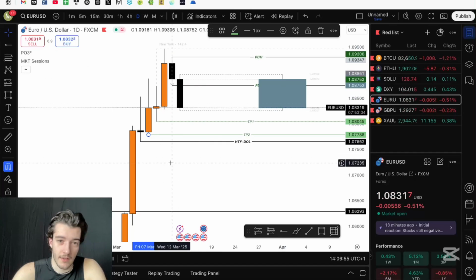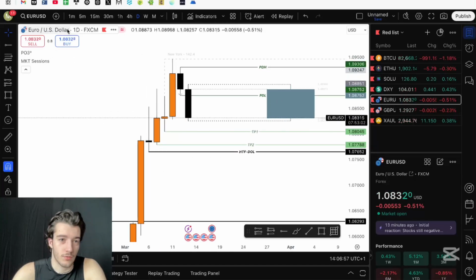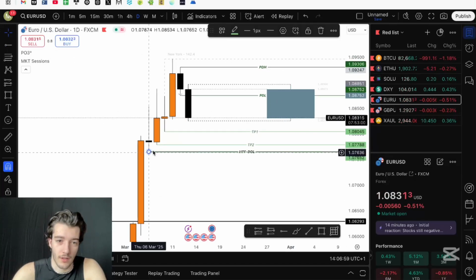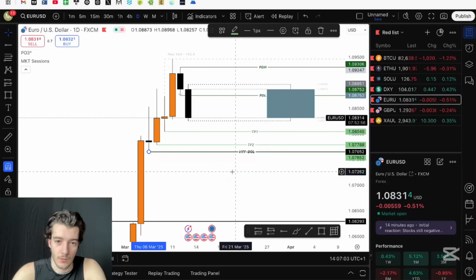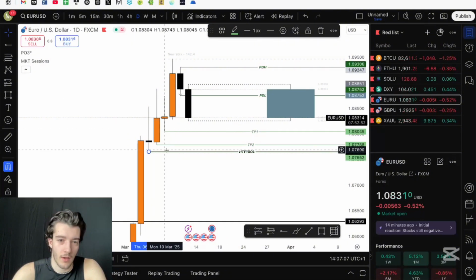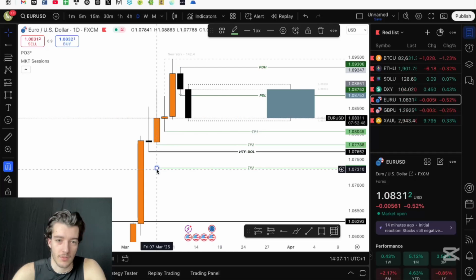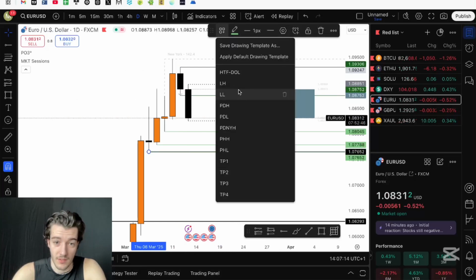Based on the daily, we should look for shorts now. But once New York opens, which it did actually 7 minutes ago, we might just reverse to the upside, since that's what this week was all about.